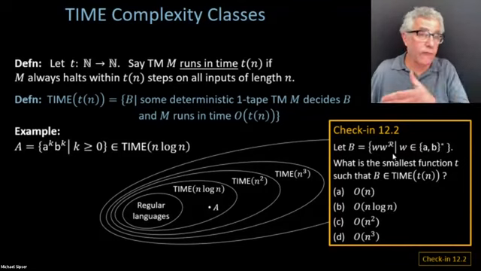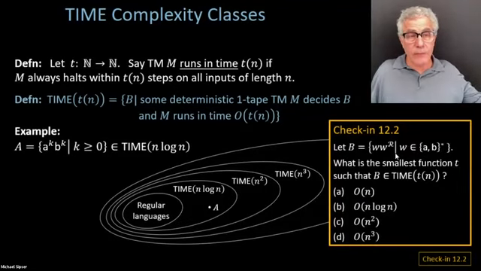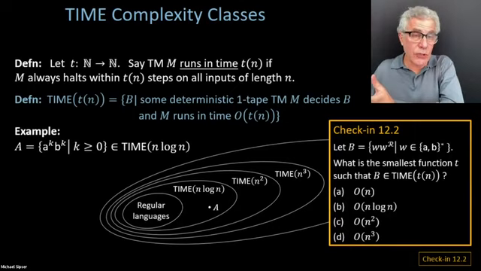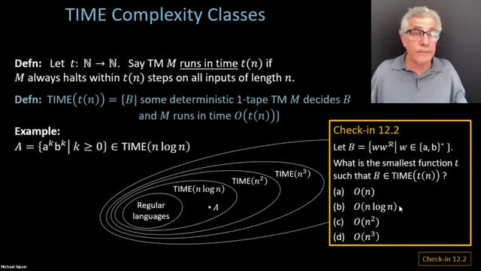You can sweep back and forth, crossing off a symbol from W and going across to the other side, crossing off a symbol from W reverse. That procedure will give you an order n squared algorithm. You might imagine you can improve it to order n log n, but you cannot. You can prove that order n squared is the best possible.